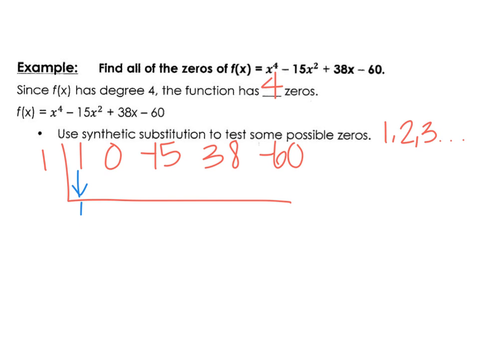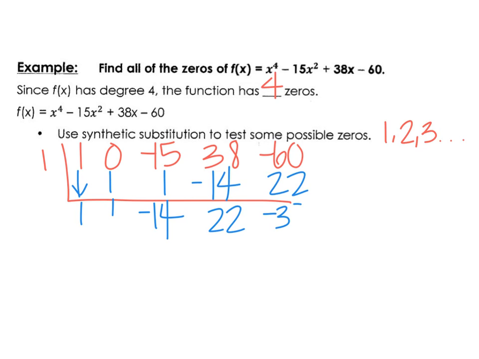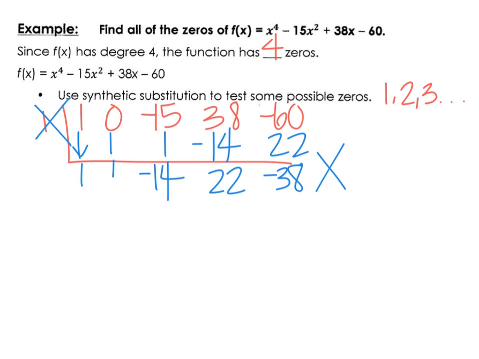So we're going to bring down that 1, 1, 1, 1, negative 14, negative 14, 22, 22, and let's see, we get negative 38. That is not 0. Our remainder needs to be 0, so we know that 1 is not a solution. 1 is not a 0 of the function.